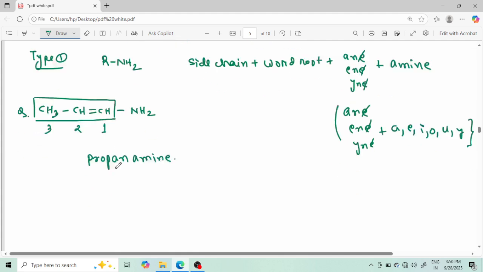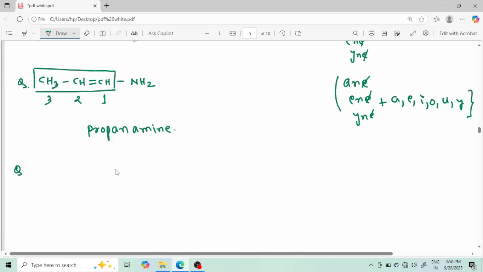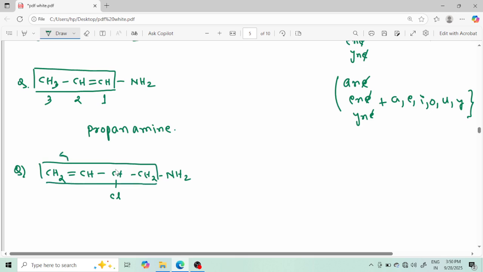Okay. Now if I give another question, let's add one side chain also here. CH2 double bond CH, then CH and Cl, CH2 and NH2. Okay, so here I know that this is my longest parent chain. I have multiple bond this side and I have functional group this side, so obviously I'll be considering functional group, right? So I'll start numbering from here 1 2 3 and 4, right?